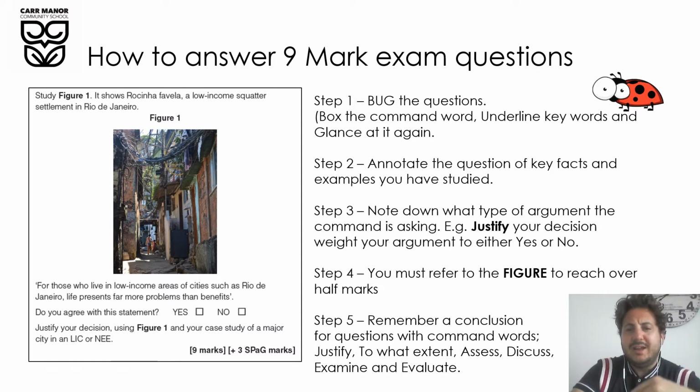Step 2 is to glance at the question and annotate it. Any key facts, key figures, any key information that you know of that could help you answer this question, annotate around it. Step 3 is then to start answering and writing your response.